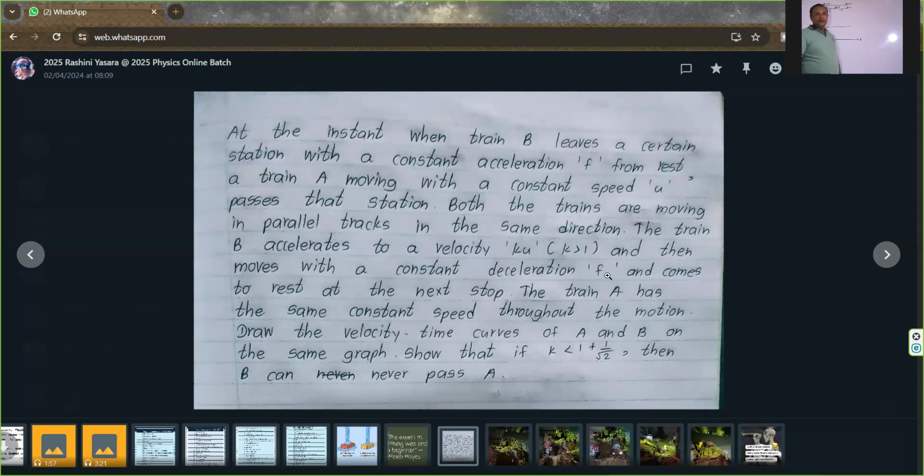And after accelerating for some time, it reaches a velocity equal to ku. It is clearly mentioned k is greater than 1.